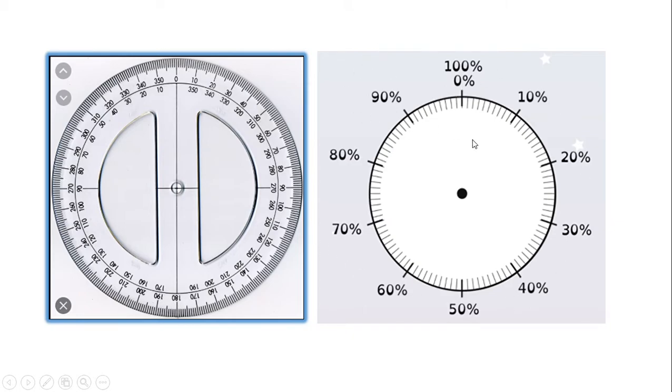The diagram on the right is showing percentage around the pie chart, split into 10 larger sections or 100 smaller sections going around the circle. But the protractor on the left hand side shows you that, for example, 10% and 10 degrees are not the same, so you have to think about them differently. Bear that in mind today.